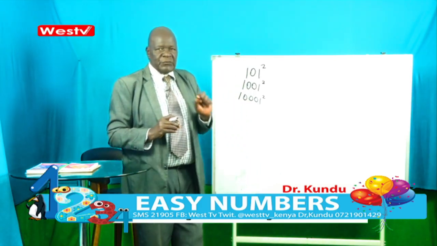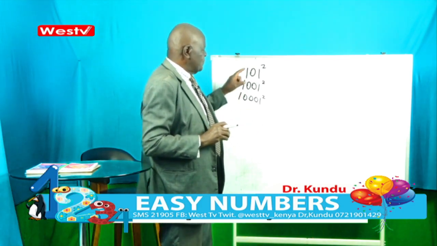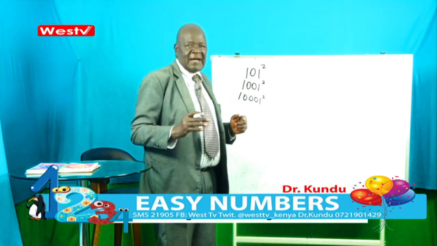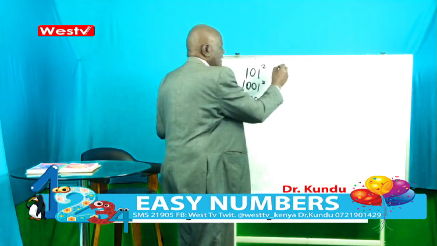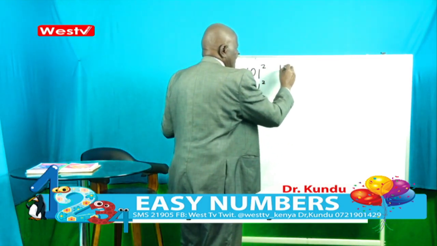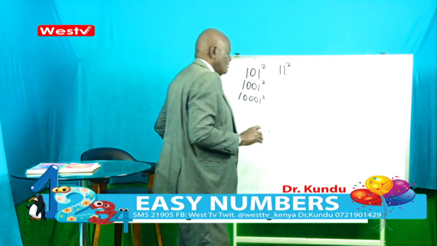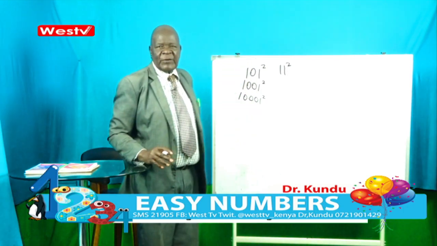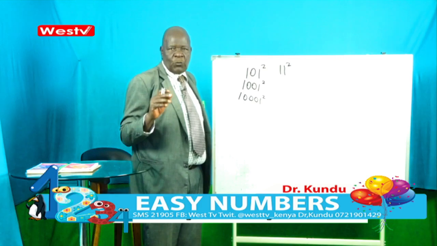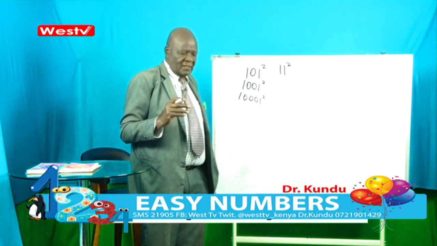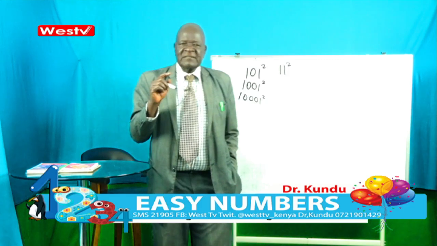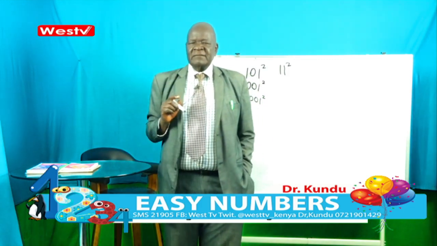This is how you do it. Assume that these numbers don't have zeros in between, and so you have this number 11 squared. Assuming that you remove all the zeros, you are left with 1, 1, which is 11. So all you need is to master the square of 11.